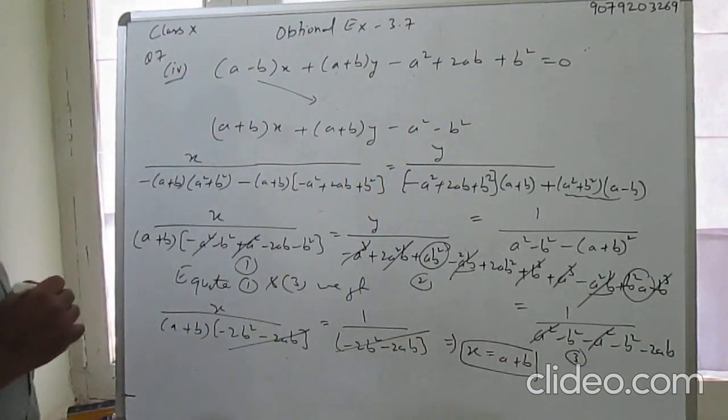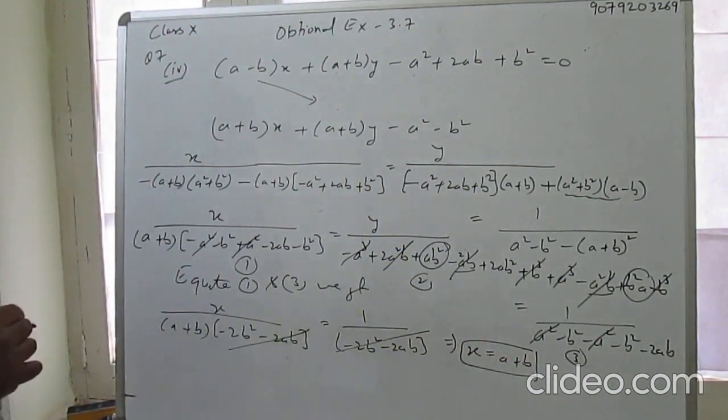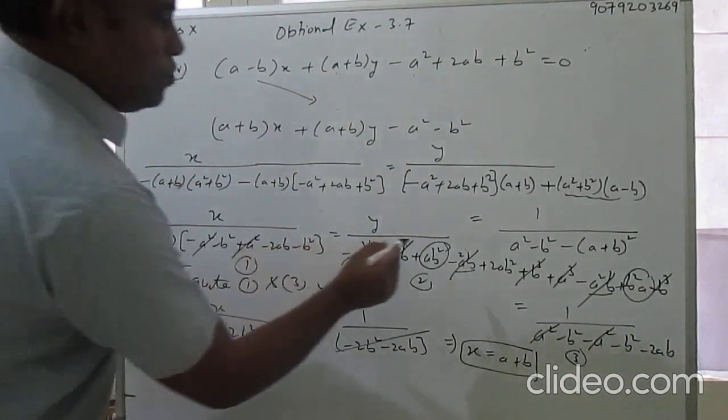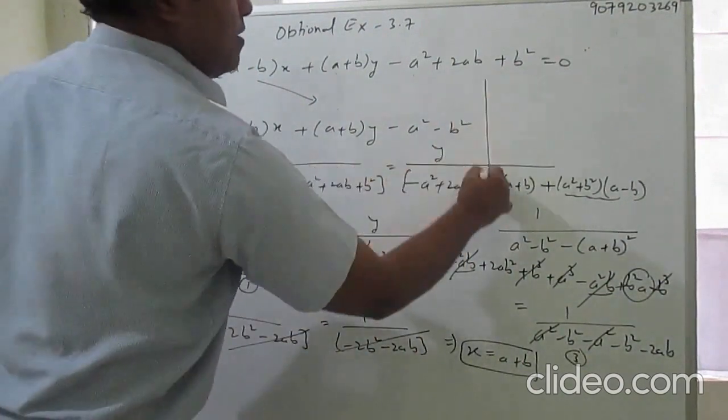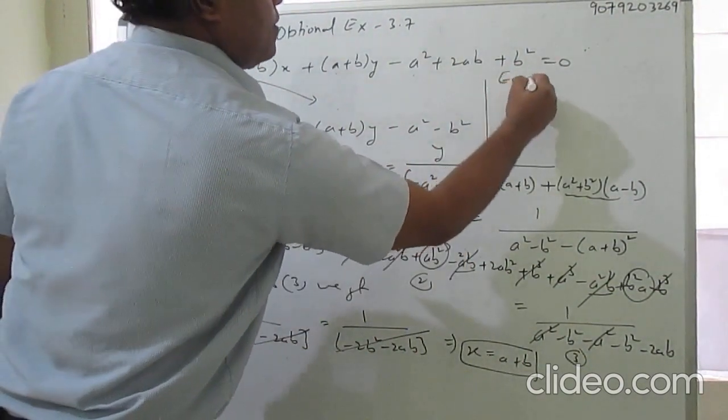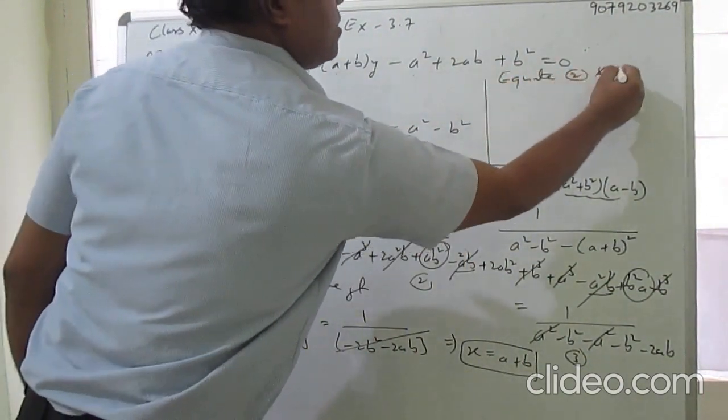Now I will equate y. This is 2. So in this, what is remaining in y? Equate 2 and 3.